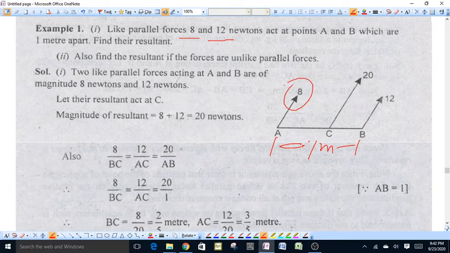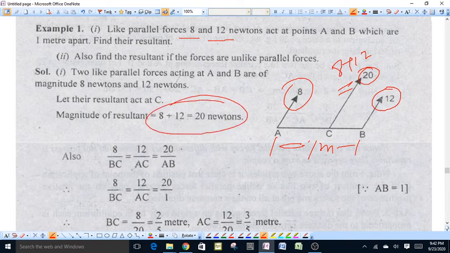The first force is of magnitude 8, and the second force is of magnitude 12, and their resultant will be equal to 8 plus 12, which is 20 newtons, because we have two like parallel forces.